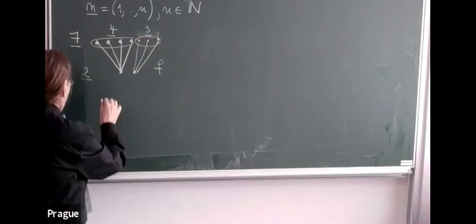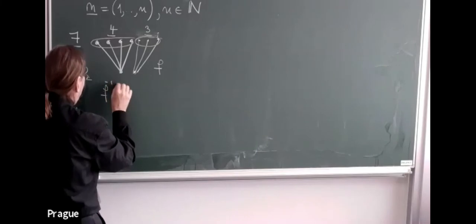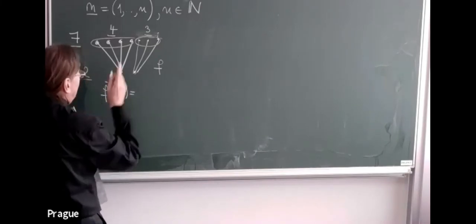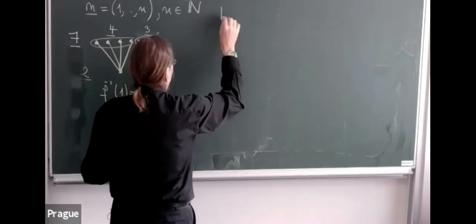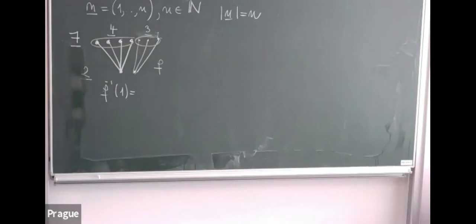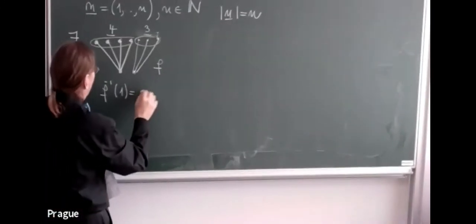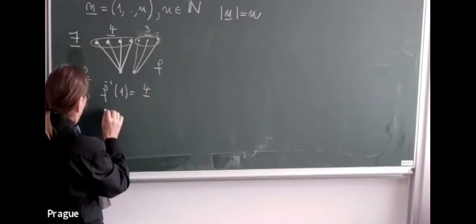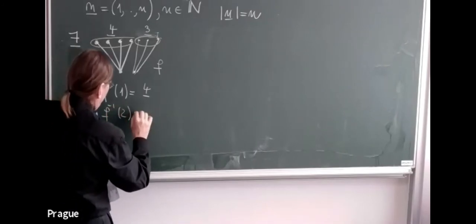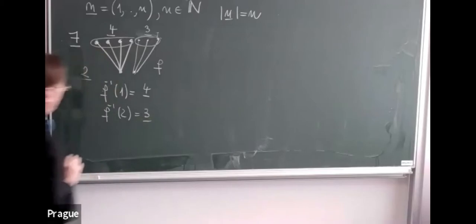So the fiber over 1 is 4, the fiber over 2 is 3. I didn't say what the cardinality is; the cardinality is defined in the obvious way. Are your maps surjective?